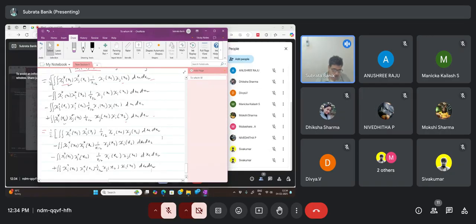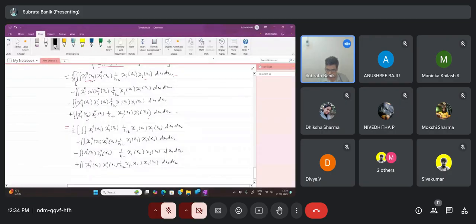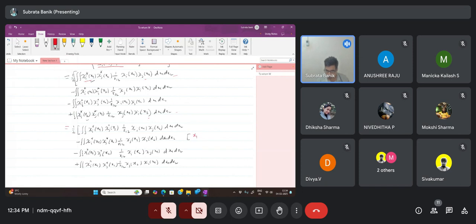You will understand what I did here. Basically, we replace or interchange x1 into x2. Wherever you have x1, you made it x2, and wherever you have x2, you made it x1. Similarly, for this step, from here we use this and got this.